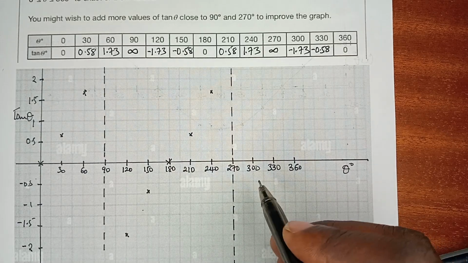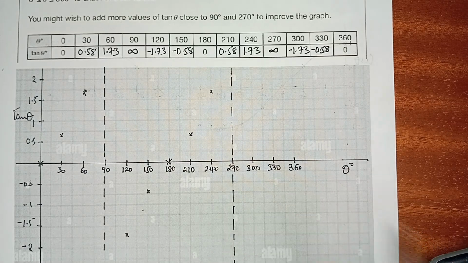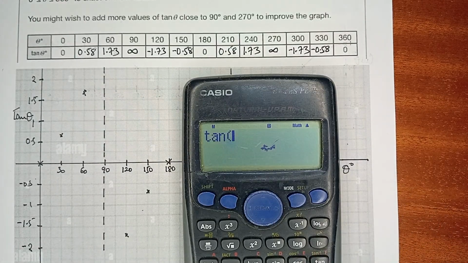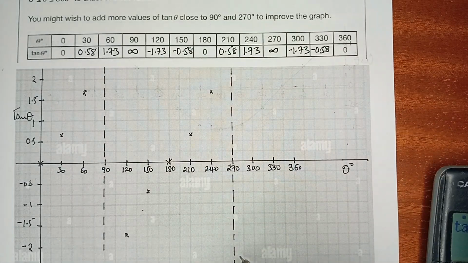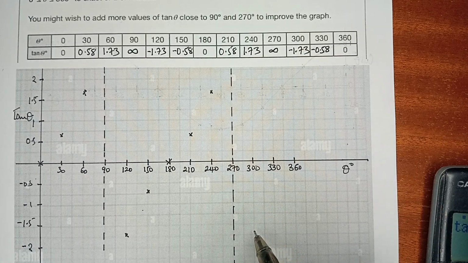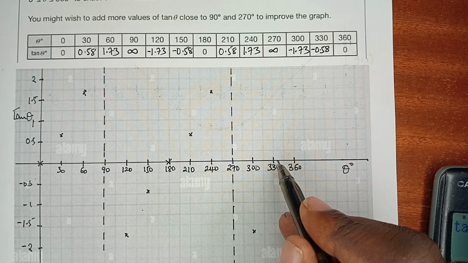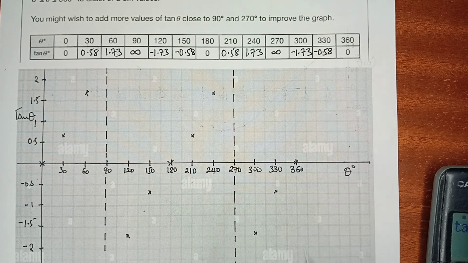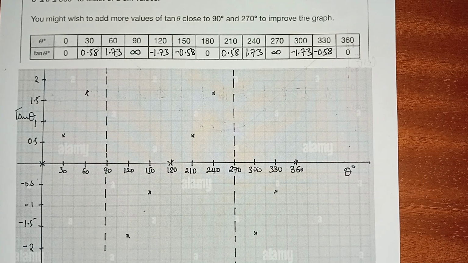And at 271, the tangent of 271 degrees is a very big negative number, so it is still going to come from this side. The tangent of 300 is negative 1.73. The tangent of 330 is negative 0.58 there, and the tangent of 360 is 0.